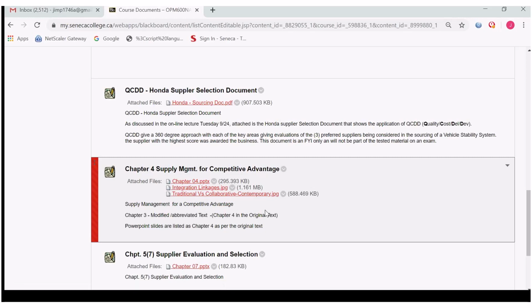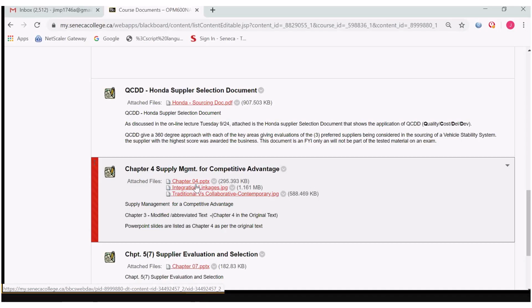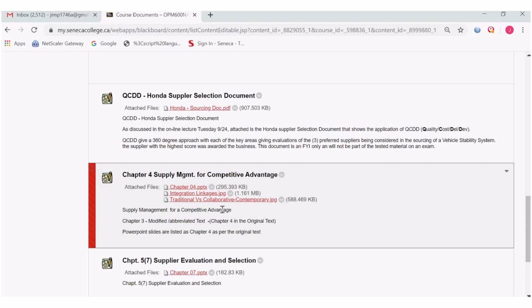So I will add some more to that. Okay, and of course after this chapter is finished, we will go to our midterms, and as I said, this is very important towards your midterm, so please look at that. Study this one well.